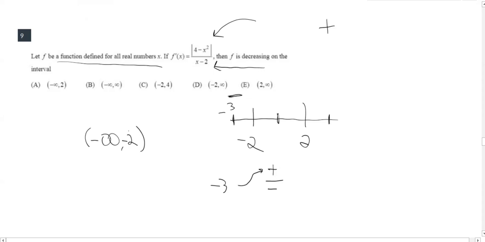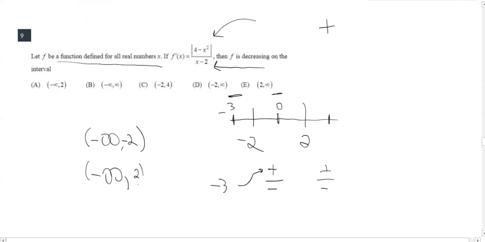Okay. Now, that doesn't look like it's any of the choices there. So we have to keep going. All right, we'll test 0. If I plug 0 in, I'm going to have a positive over a negative. So it's also decreasing here as well. So -infinity to 2.